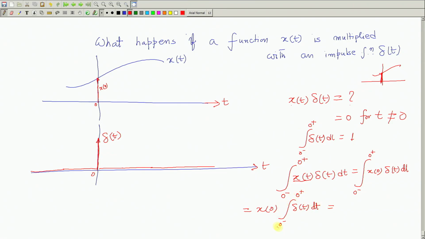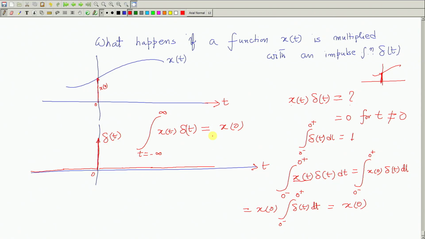But this integral is 1. So, this will give you x(0). Got the point? Therefore, if you multiply a function x(t) with delta(t) and integrate from t equal to minus infinity to plus infinity, this is going to give you x(0) only.